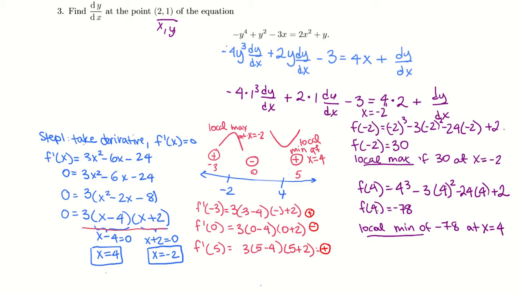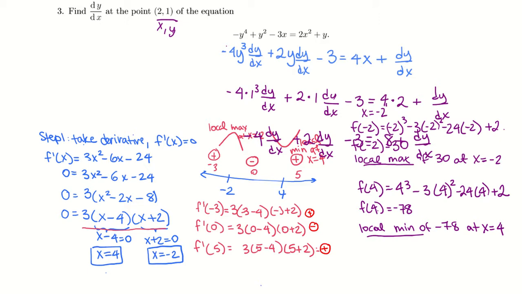Simplifying this, we get negative 4 dy dx plus 2 dy dx minus 3 equals 8 plus dy dx.